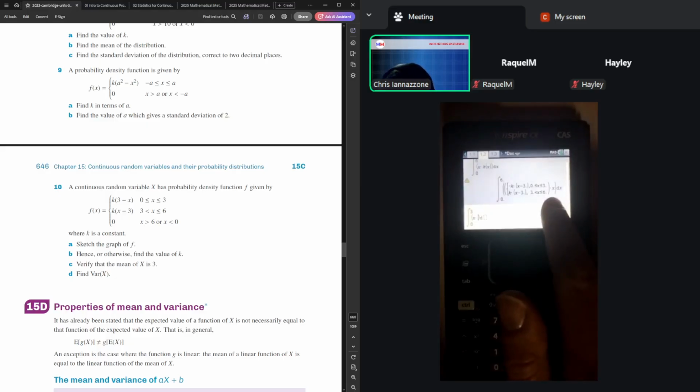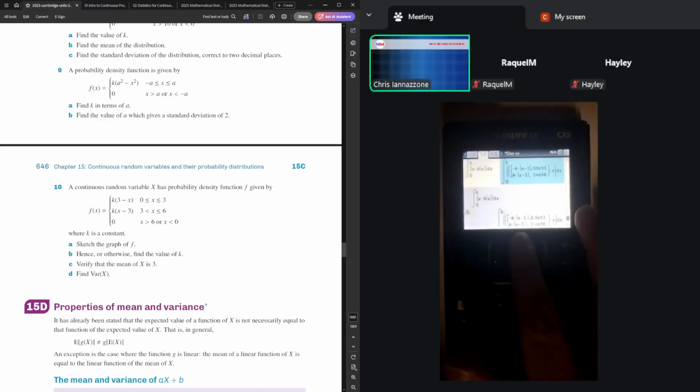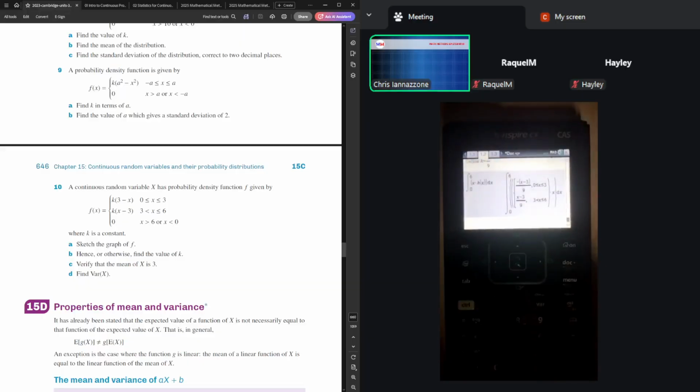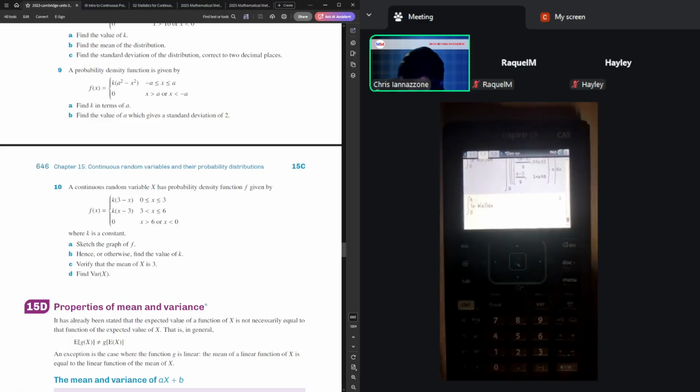I wonder, did it break because I just had no k in there? Let me just quickly define k. Maybe it was my fault for not putting k as an actual thing. It was my fault. Okay, so Control Enter on that, making sure you've got as much defined as possible. Verifying the mean of x is 3. Well, there we go.